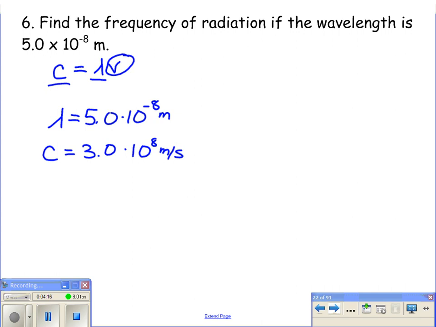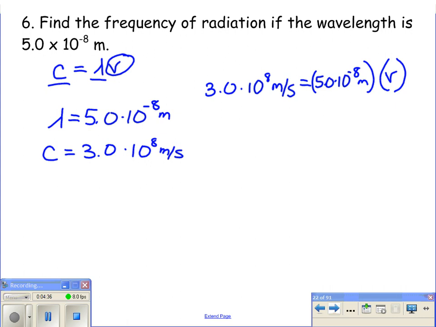So I have 3.0 times 10 to the 8th meters per second equals the wavelength, 5.0 times 10 to the -8 meters, times our unknown, the frequency.